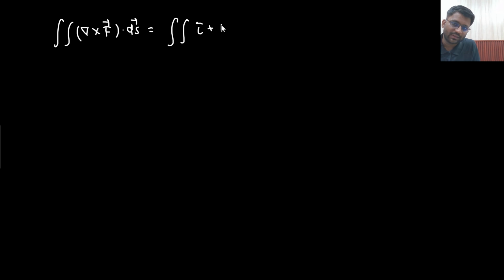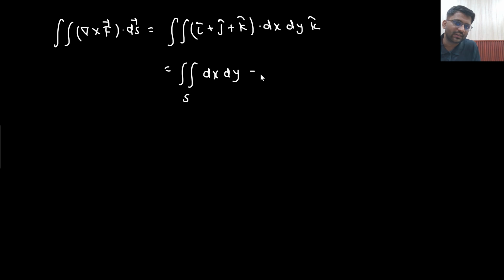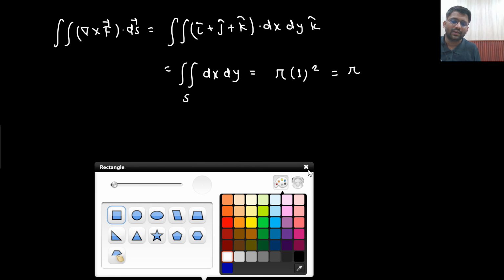And the ds vector is dx dy k cap only. Dot product you can do. What answer did you get? i cap dot k cap is 0, j cap dot k cap is 0, k cap dot k cap is 1, so dx dy over the surface. What is it representing? Pi r square only. Within seconds you got the answer.